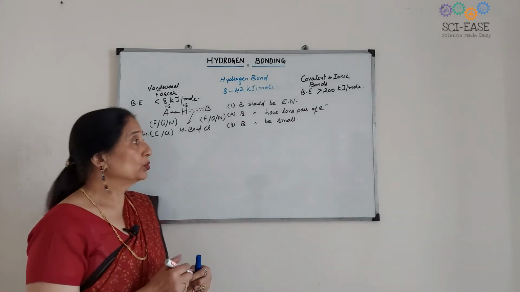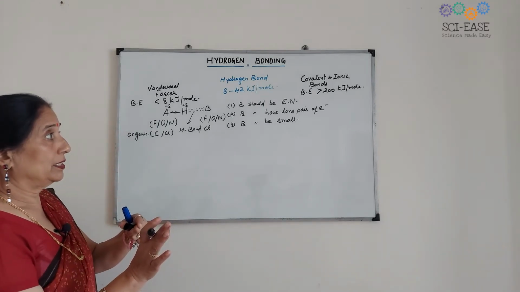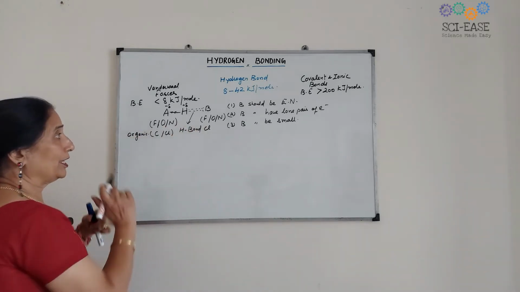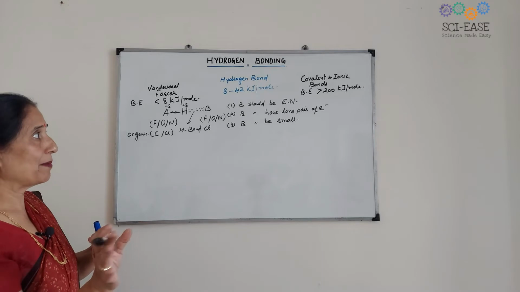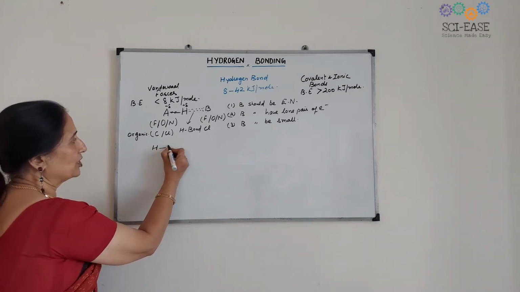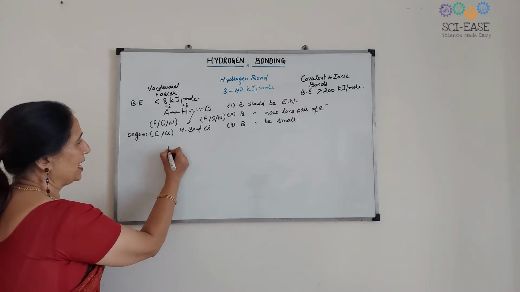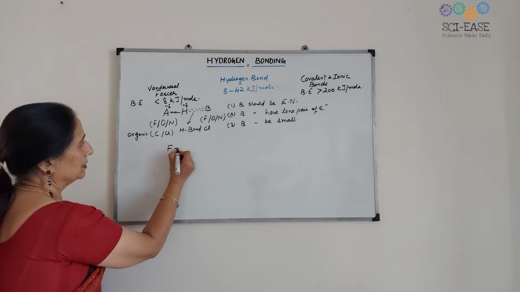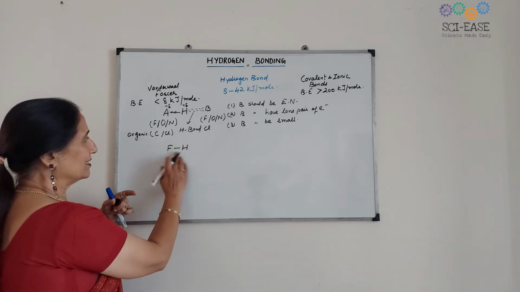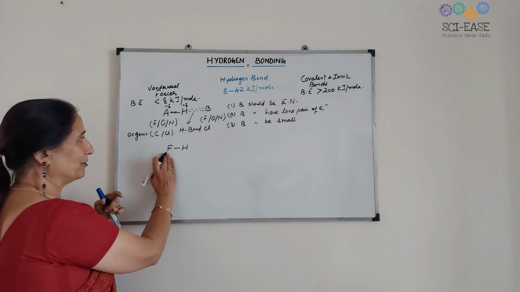Now I will tell you how this bond is formed between the molecules. I will take one example. First is HF, H and F. I will write it like this: F, H. So, this is the covalent bond between hydrogen and fluorine.